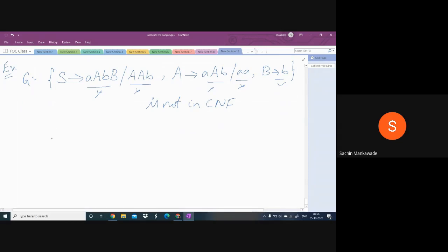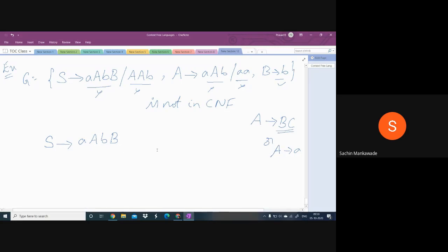Take the first production of S: AA followed by BB. What is CNF? The right side must be two symbols, both non-terminals, or a single symbol which is a terminal. But here we have four symbols. What shall I do?